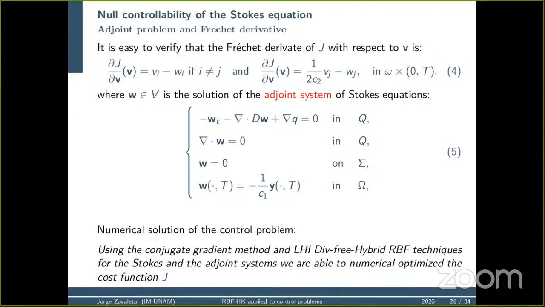And that is possible. We solve it by conjugate gradient. So there are the two possibilities. You can decouple by using Hodge decomposition, or you can use the same linear algebraic system. I don't know if that answers.